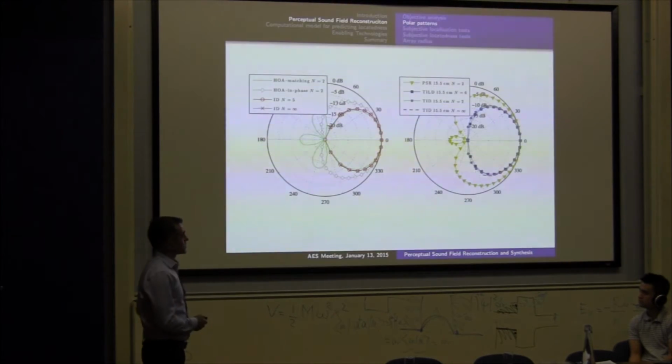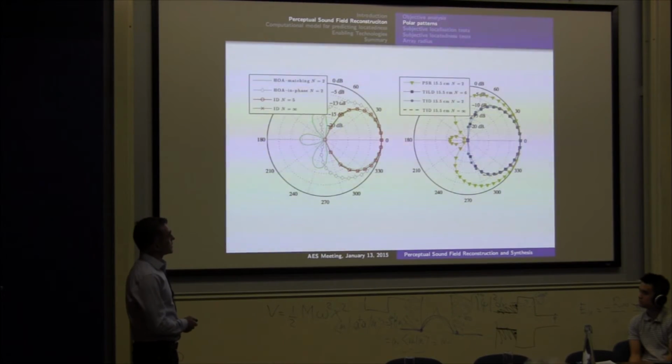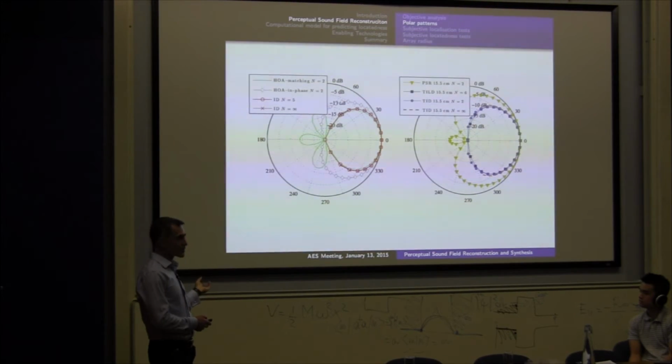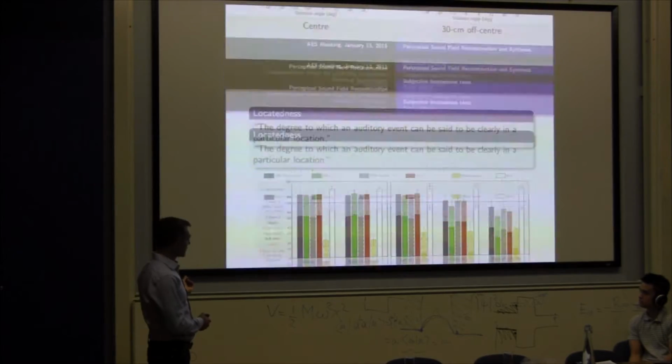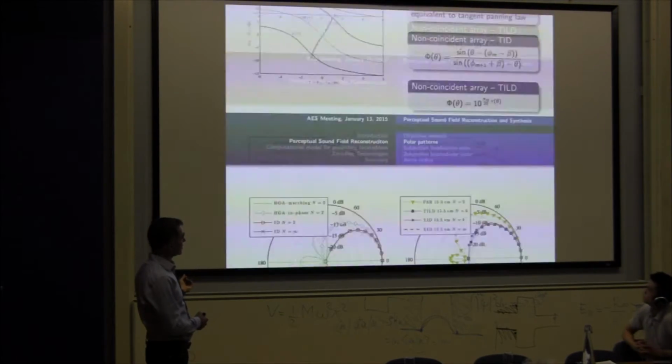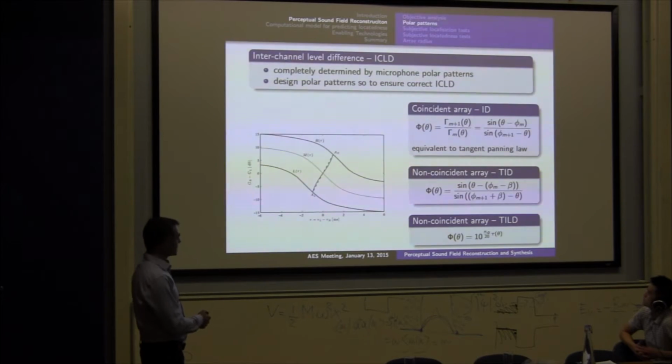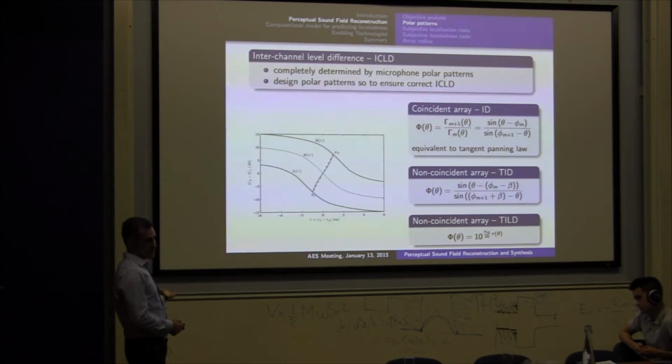Now, if you look at the experiments, we were also pushing it all the way down to zero radius, and we were implementing the tangent panning law. But I would also like to point out that the tangent panning law is different from what would be obtained had we followed these curves here. We were doing experiments with that too.